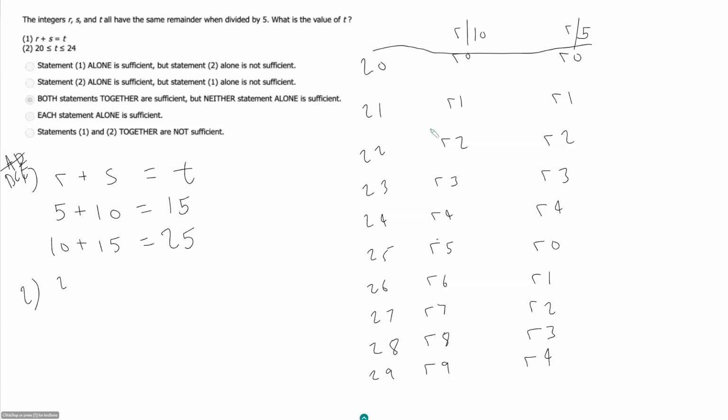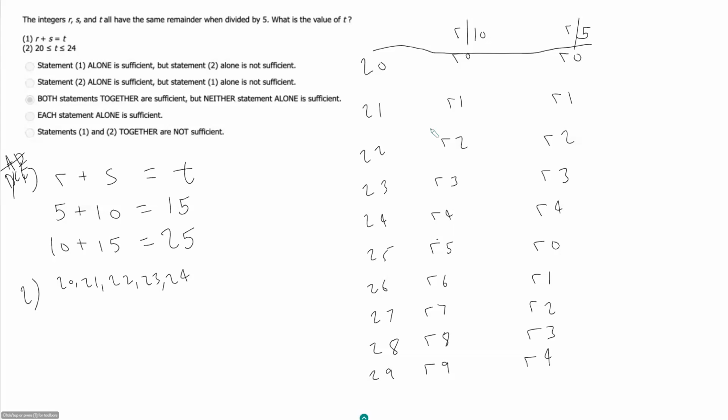So t can be 20, 21, 22, 23, or 24. Okay, so these are all going to have different remainders. And I can certainly find values for r and s that are numbers that have the same remainder. It doesn't even say that without our first statement, r and s could be literally the same value as t. So this is going to be insufficient.